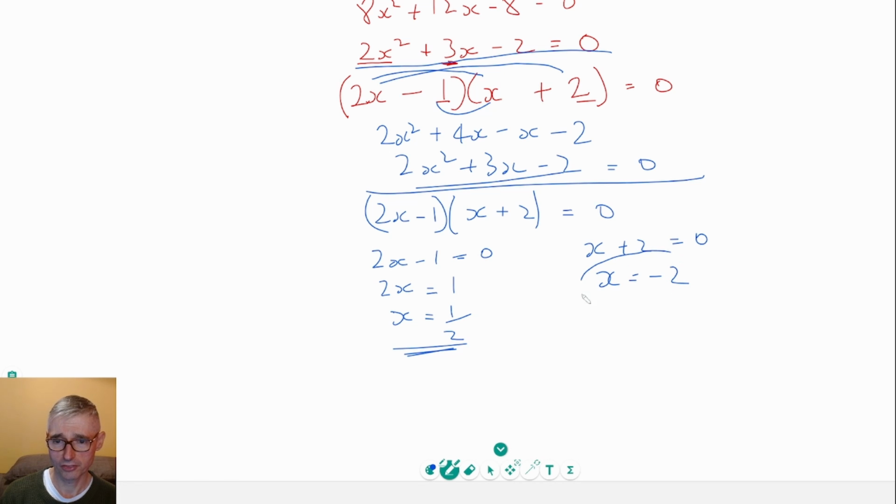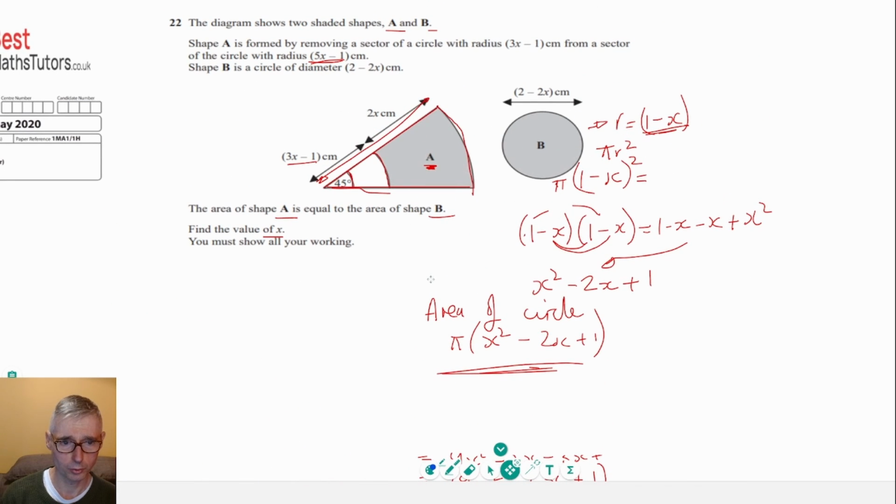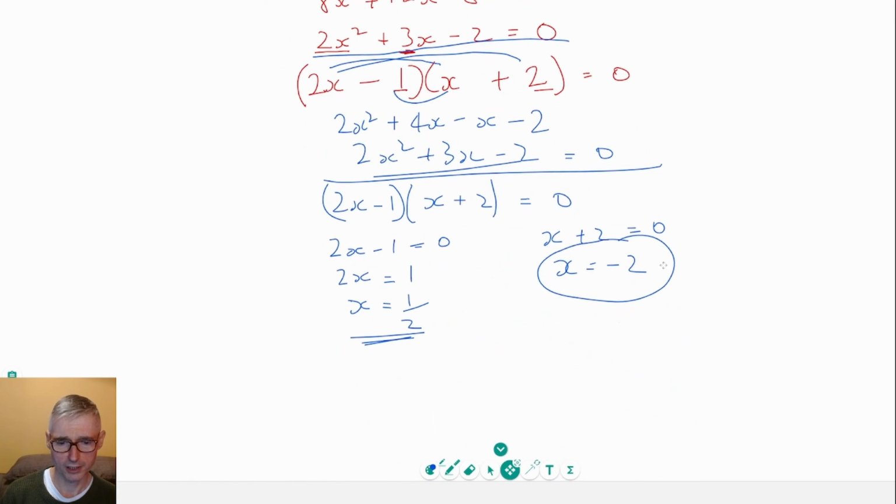So the thing is, because we're in the real world with this one, so it's not just an algebraic question, it's actually measuring a distance, then we can't have a negative value for x. That wouldn't make sense for this distance here, 2x, to actually be 2 times -2, a negative distance. So we can say, for our answer, x can't be negative.